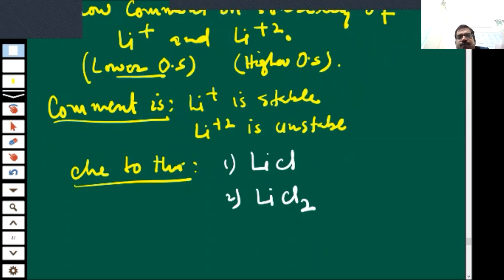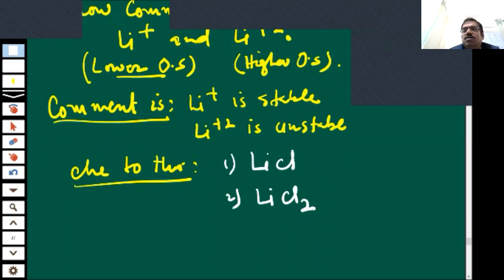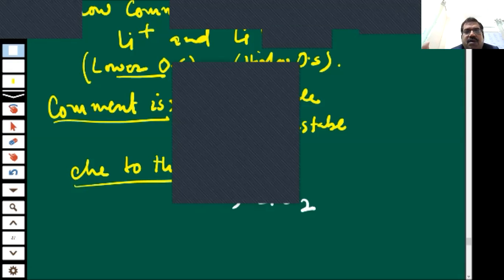See, from one information to other information, chemistry keeps on progressing. Now tell me which is stable. LiCl is stable.